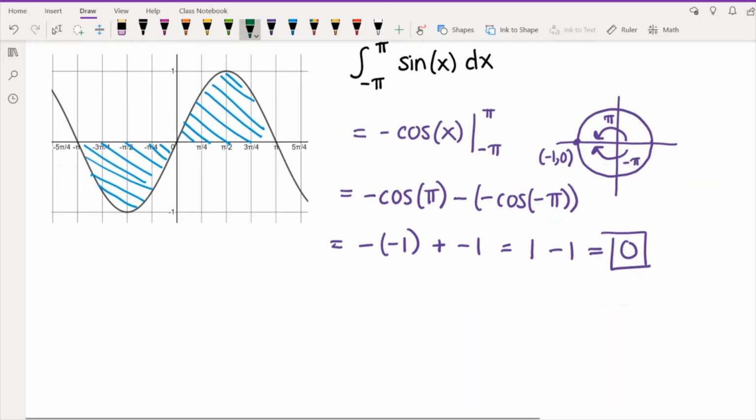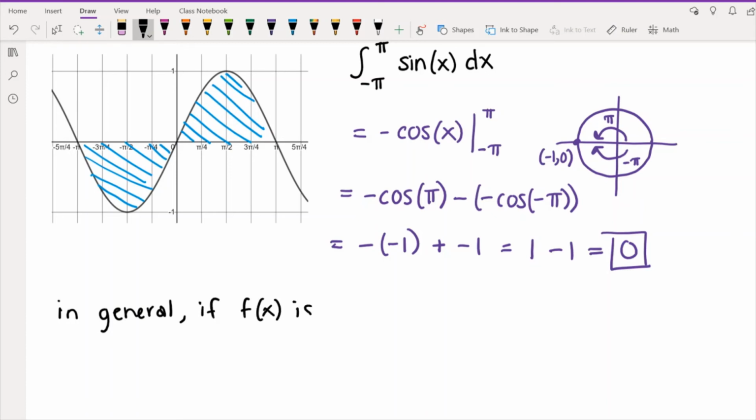So anytime you have an odd function, so in general, if f of x is an odd function, so maybe just to quickly remind you, I'll just put this note here. An odd function is any function that is symmetric about the origin.